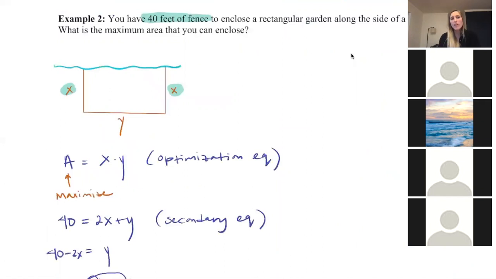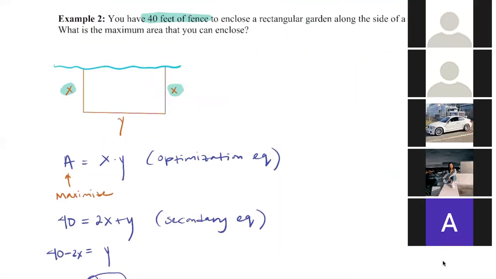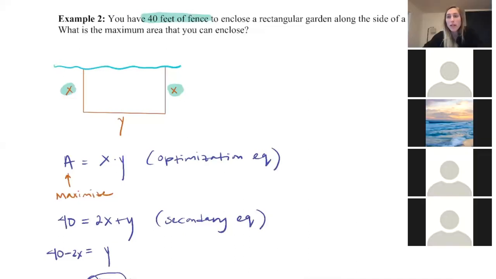However, for this situation, if you think about the constraints on x, if x is 0, that means there's just one long fence, no enclosed area, but the area would be 0, which is possible. It's not super helpful, but it's possible. And if x were equal to 20, then you just have 2 parallel fences and still no enclosed area, but the area would be 0, which is possible.